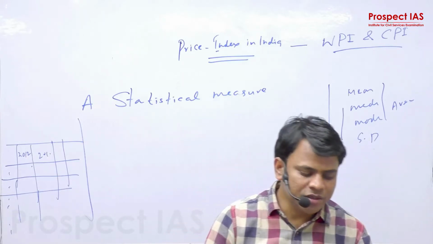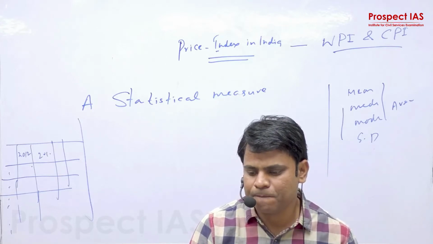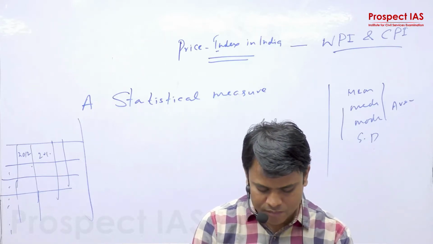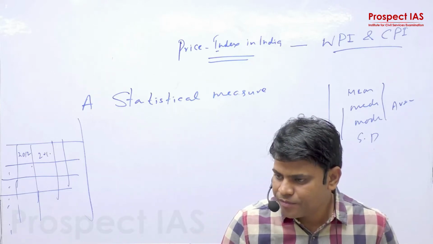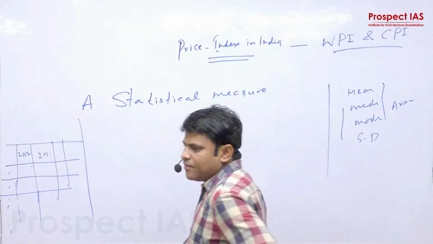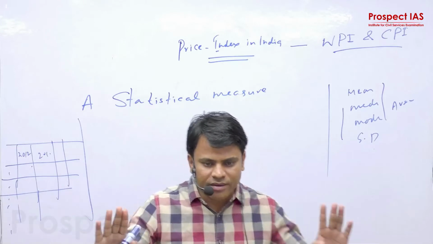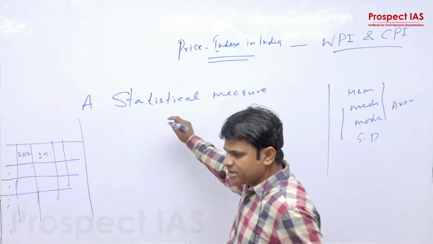Okay? So you have some articles, you have some commodities, and their prices are being recorded in a particular manner. This is what we mean by price index.